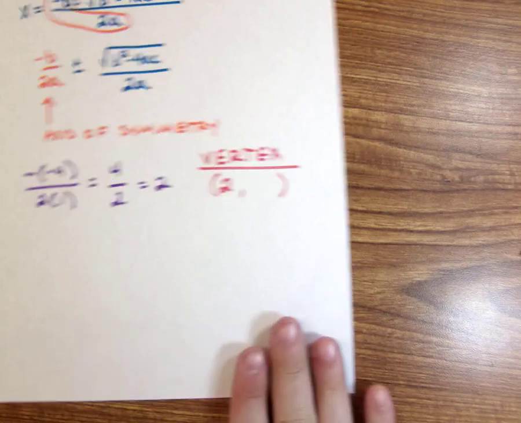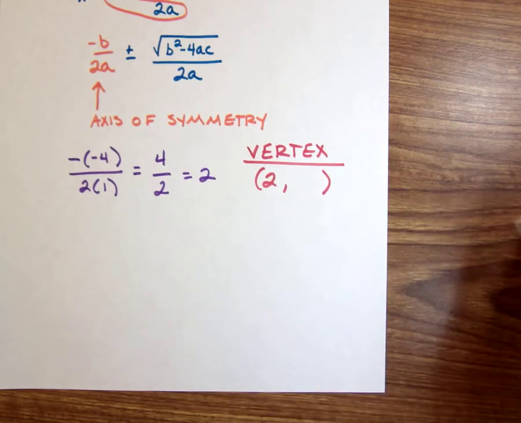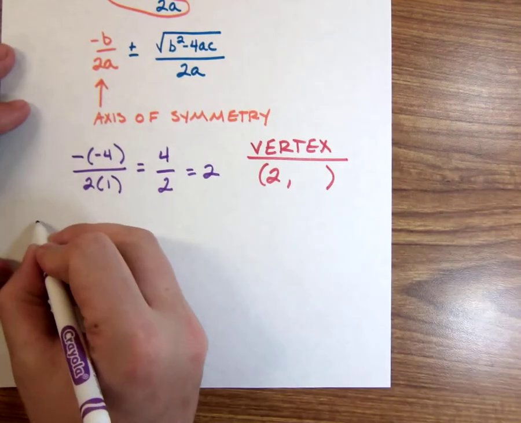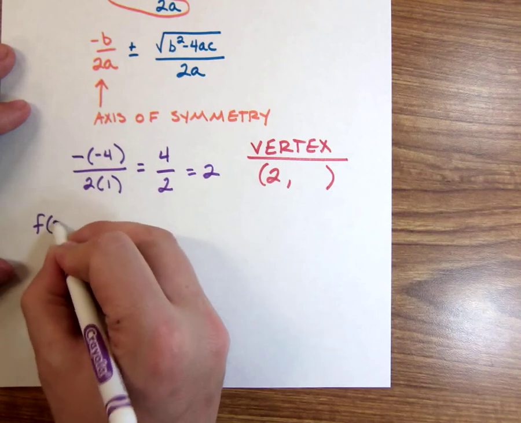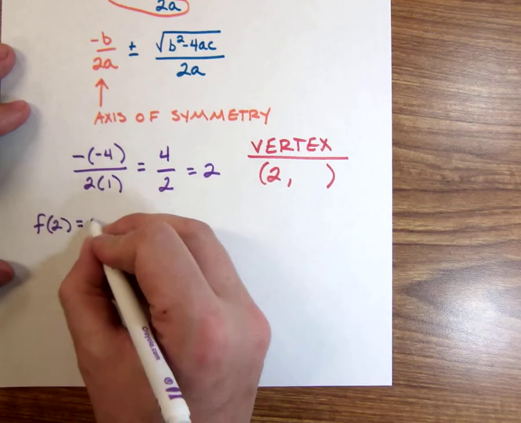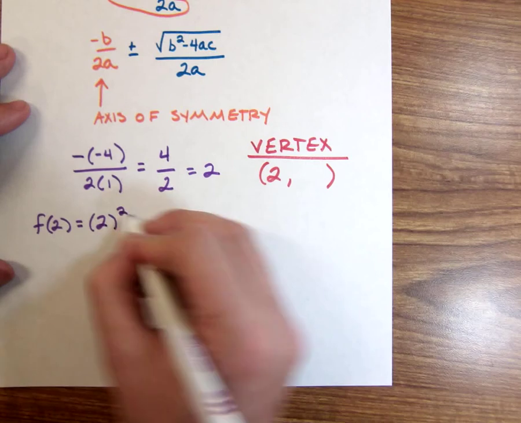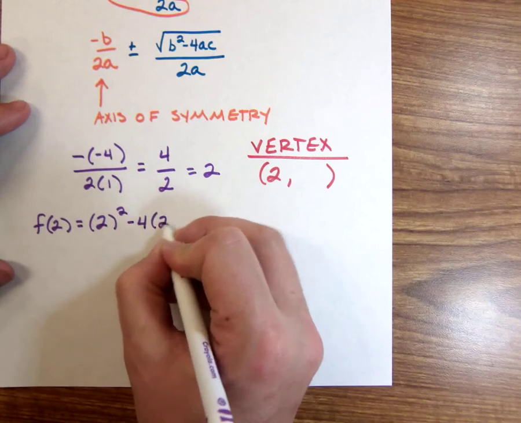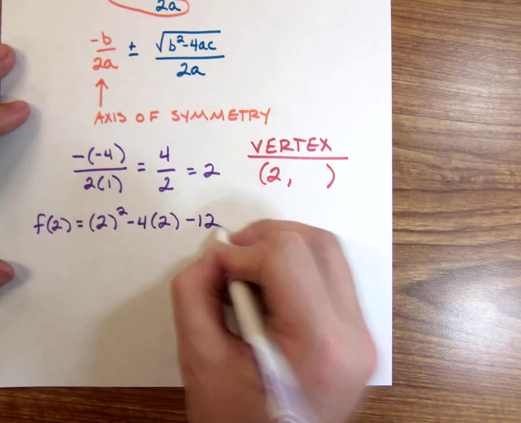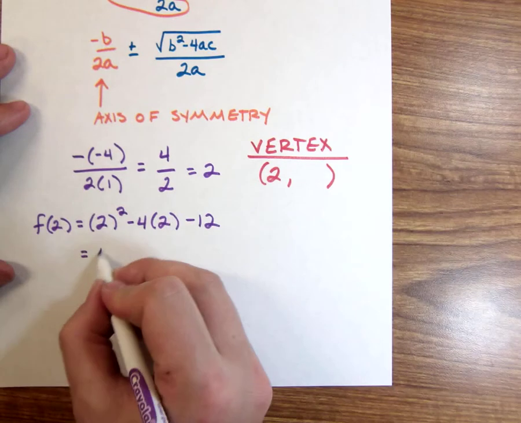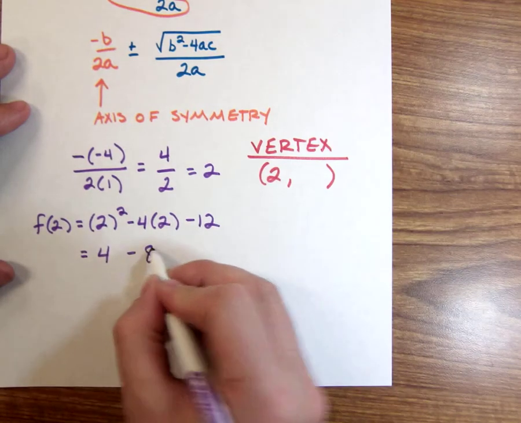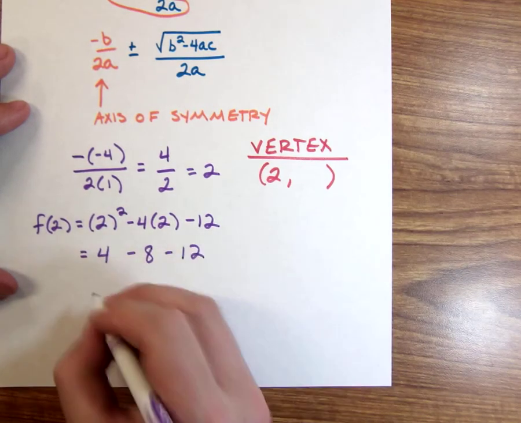What's the something? What's the y going to be if the x is 2? Well, I'm going to take my original equation and replace the x's with 2. So it was x squared minus 4 times x minus 12. That's 4 minus 8 minus 12.